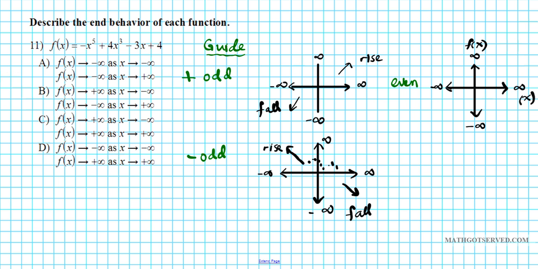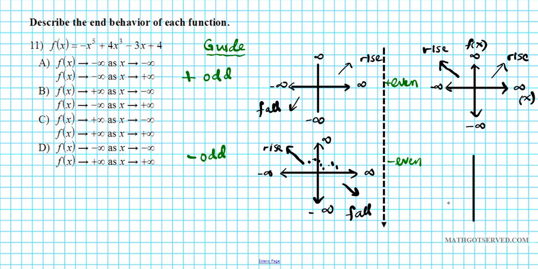Now, if your leading term has an even degree and it's positive, so positive even degree, you're going to rise to the right and rise to the left. Remember, even degree polynomials always exhibit the same end behavior. Now, what do you think happens if you have a negative leading coefficient with an even degree?